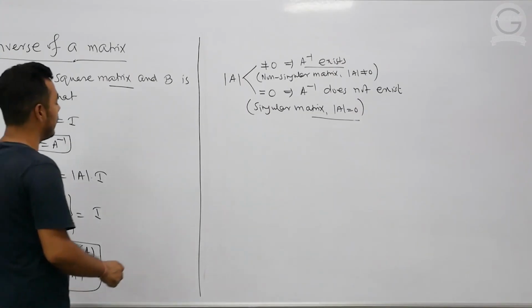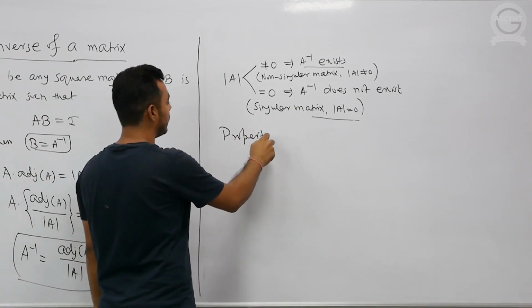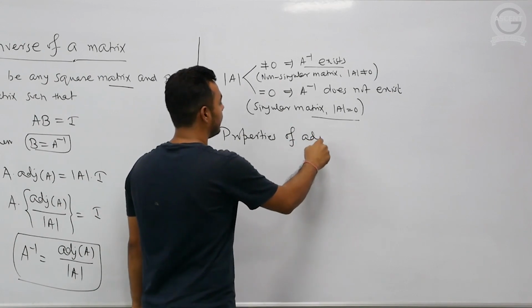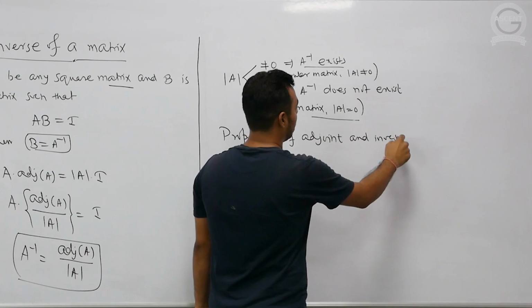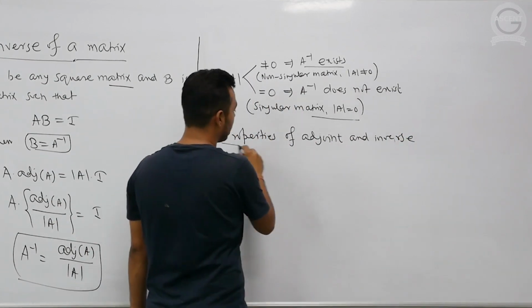Now after this, we have to learn some important properties of adjoint and inverse. So the next heading will be properties of adjoint and inverse of a matrix. So in total we are going to see 7 properties.